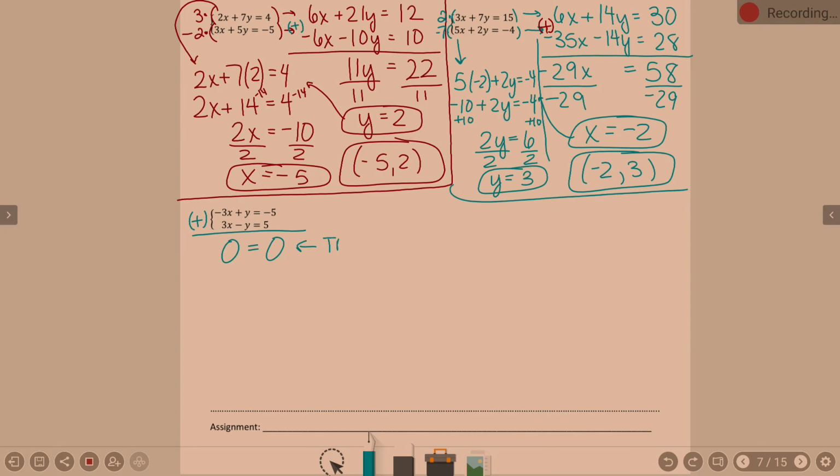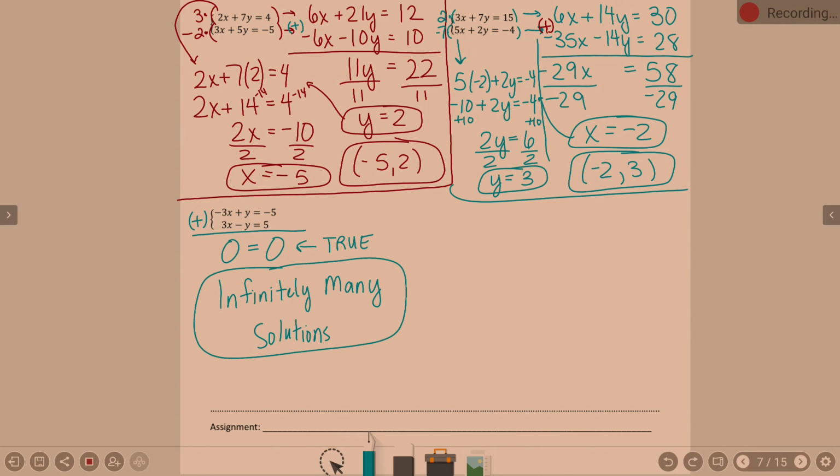We ended up with 0 equals 0, which is a true statement, which makes this infinitely many solutions. I haven't been back in Savvas to remember what they provide as your answer choice. Similar idea is all real numbers. I don't really think they'll use all real numbers here because it's infinitely many ordered pair options is what they're going to be saying.